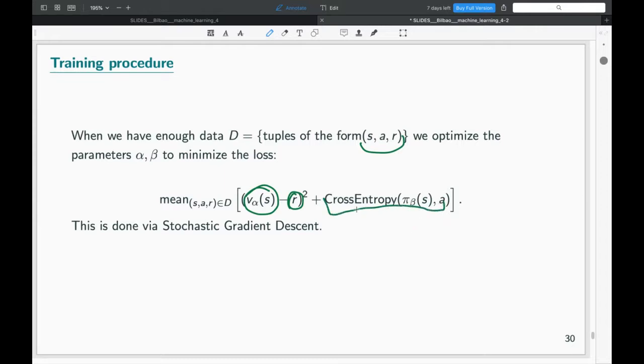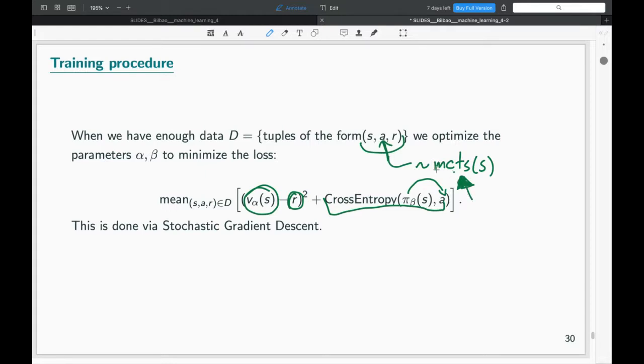So we also need to minimize this cross entropy, which means that we want to make the parameterized policy of the network assign action A at state S. Remember that this A is very good because this was sampled from MCTS at S, which is, intuitively, a very good policy because it comes from doing all those simulations and storing that tree and so on.